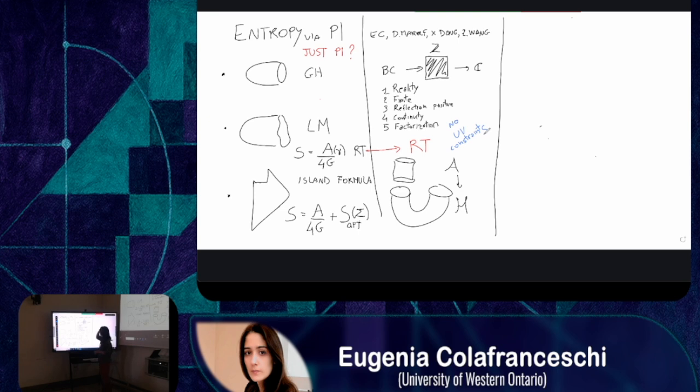So when you want to compare these to other approaches to quantum gravity in which you have a path integral, a specific realization of your path integral, then there is the problem of comparing two very different scenarios.